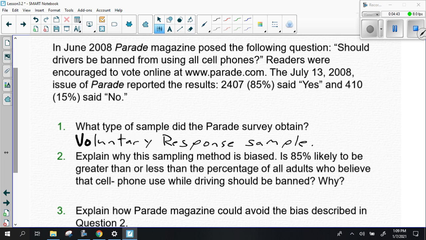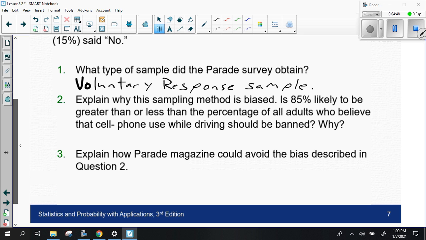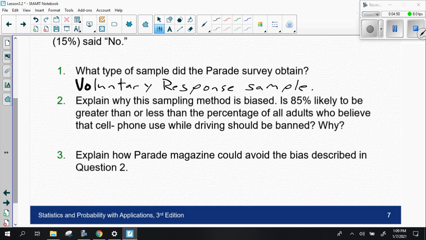So why is it biased? Clearly it's biased, and why? It's because people who feel more strongly are more likely to respond.